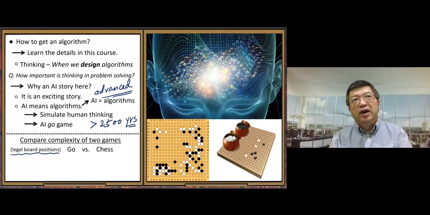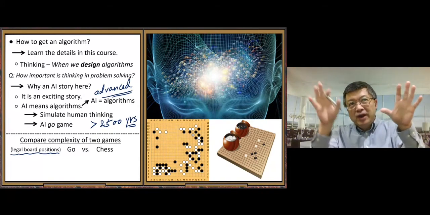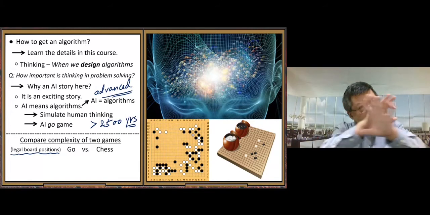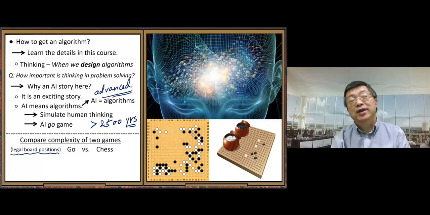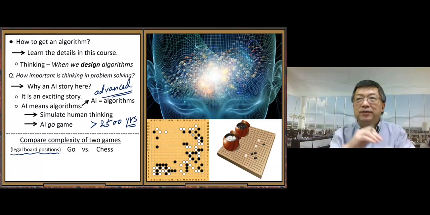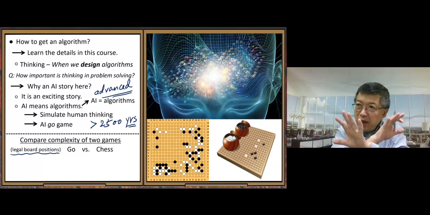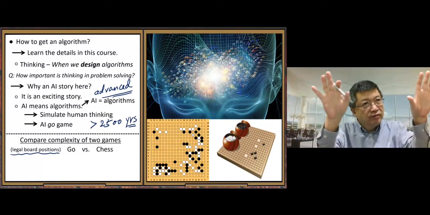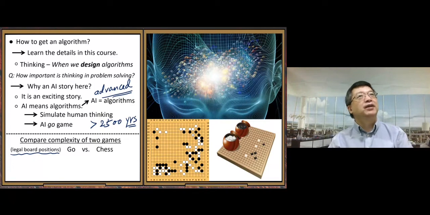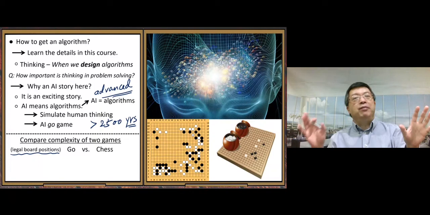We know for a board game, there are many positions that are not legal, right? So we need to eliminate all those illegal board positions. After that, we do the comparisons.